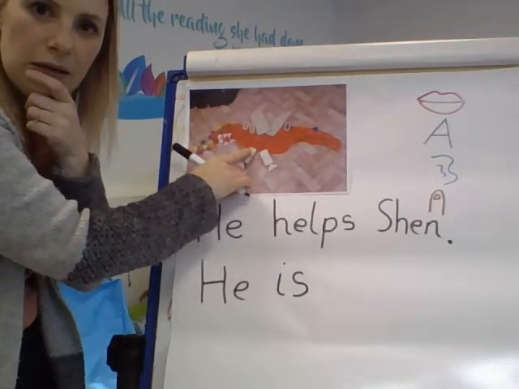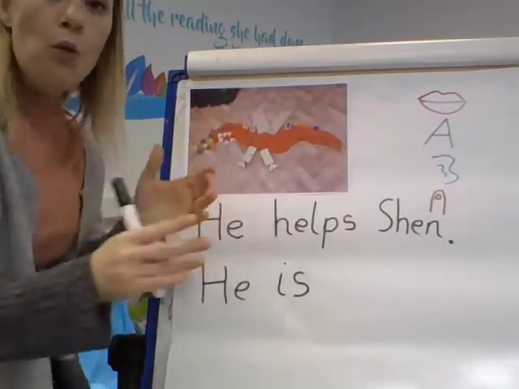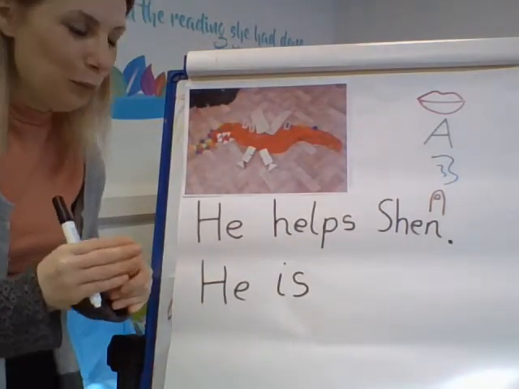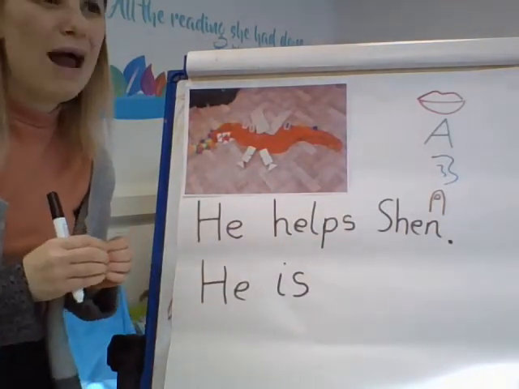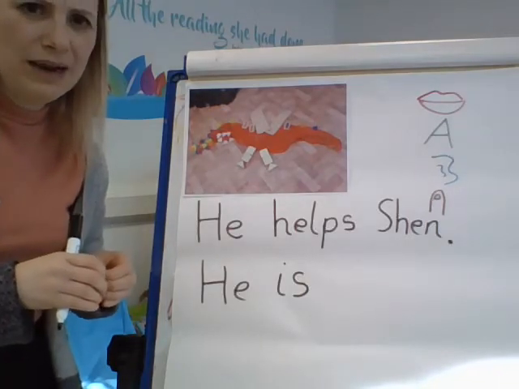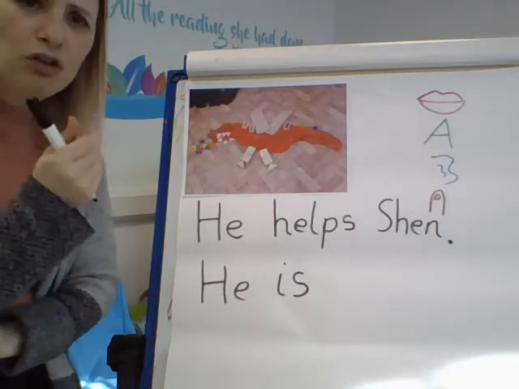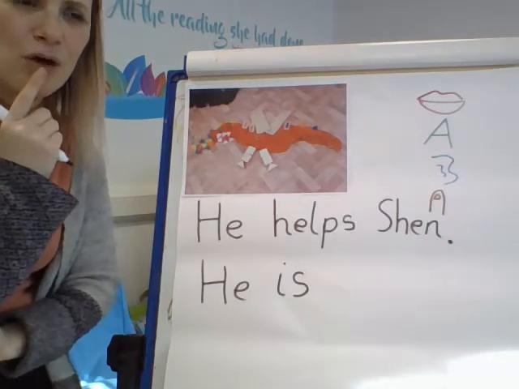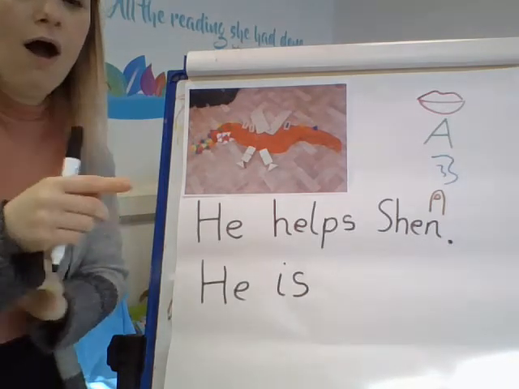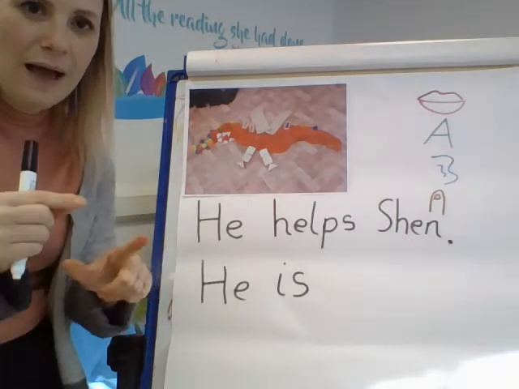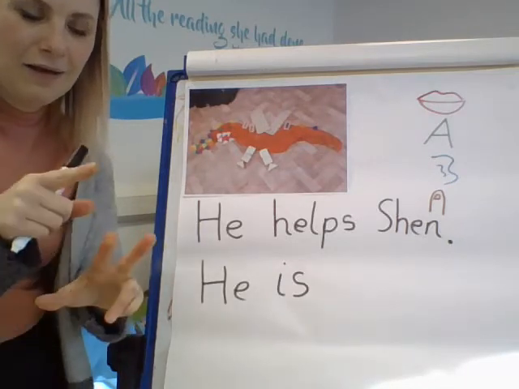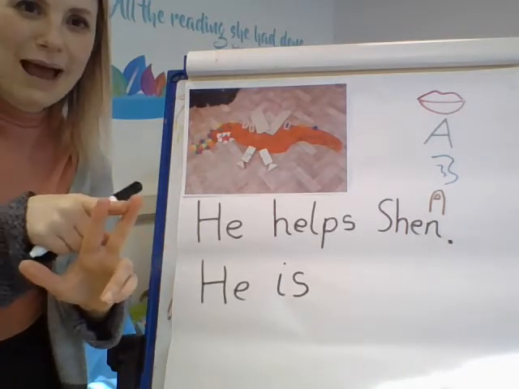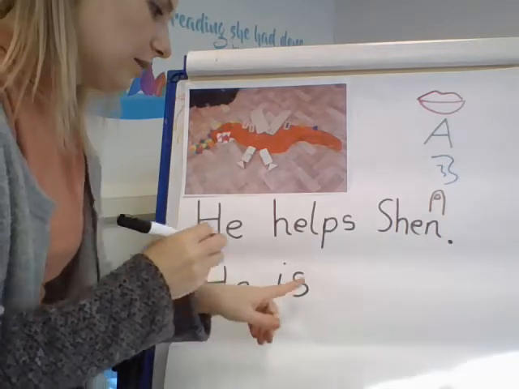What did I say? Oh, red. Thank you, reception. I almost forgot. Red. Oh, that's a really tricky one. Can you find out how many sounds there are in red? R, E, D. Red. Thank you so much.